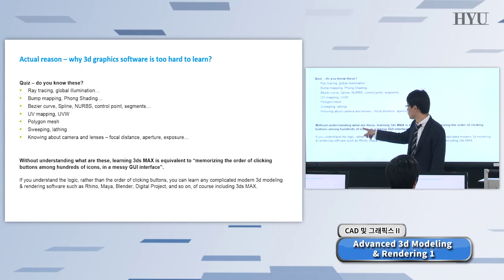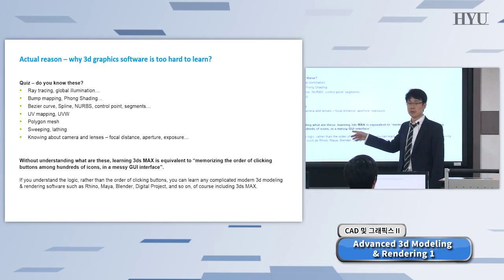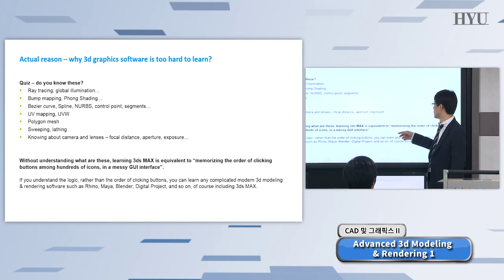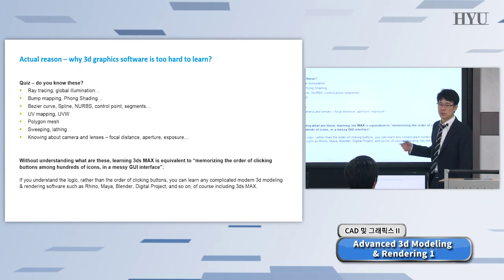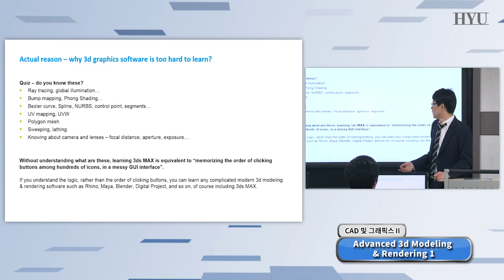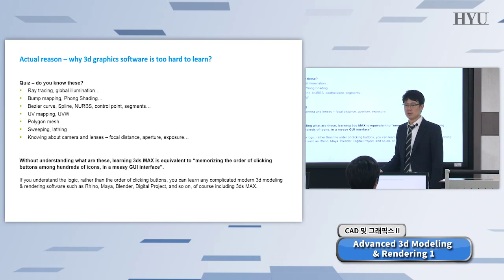Without understanding what these are, learning 3D Max, learning SketchUp, learning Rhino is simply the same as memorizing the order of clicking buttons, okay, in a messy UI interface. What if a newer version of the same software is released with a different GUI? You have to learn again and again, even with the same applications.